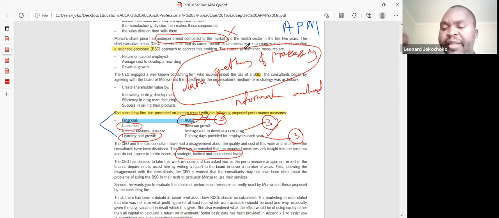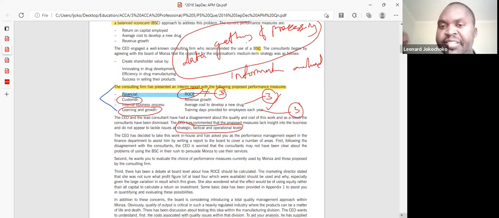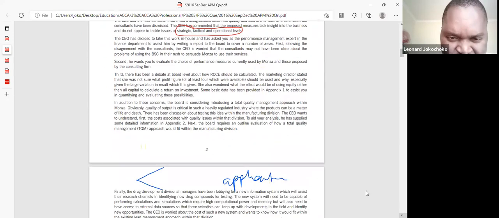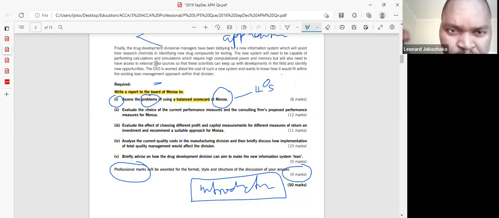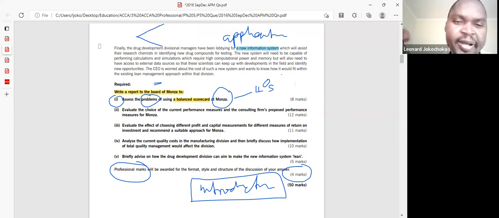So the first cost, you'll see that in this particular question, they did mention something to do with information systems and our engineers. Let me just look at that part where they discuss that. They did discuss something to do with information systems in this particular paragraph.